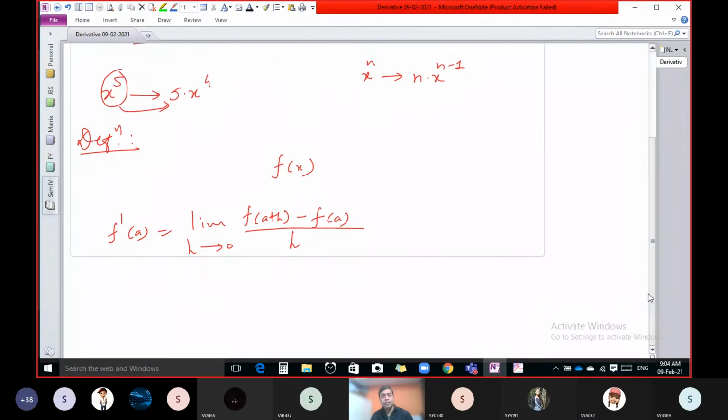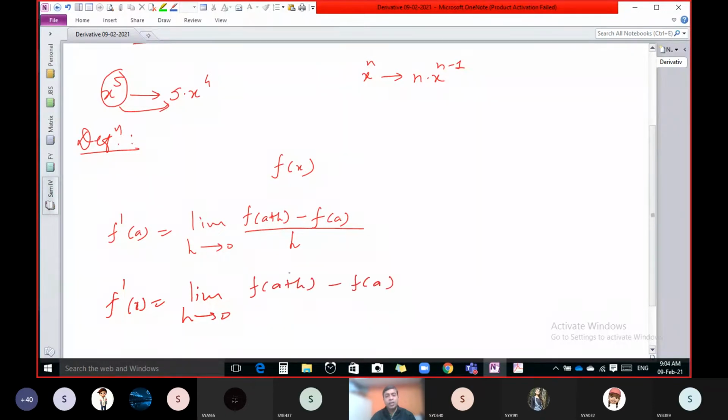Now in place of a, you can write x, so we can say that f dash x, meaning the derivative of the function with respect to x, is limit h tends to 0 of f of x plus h minus f of x upon h.